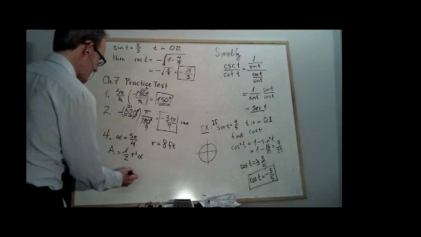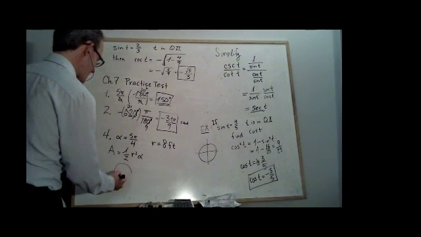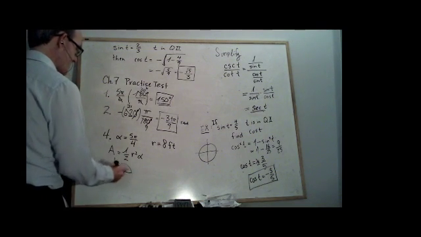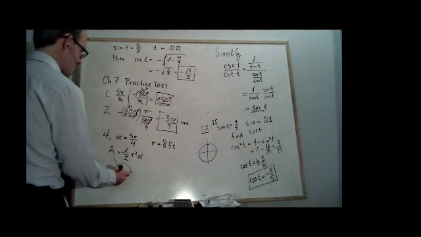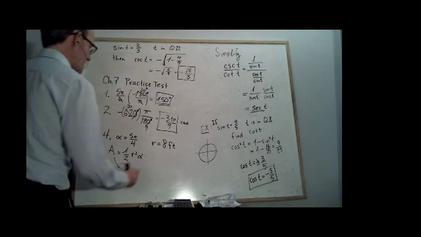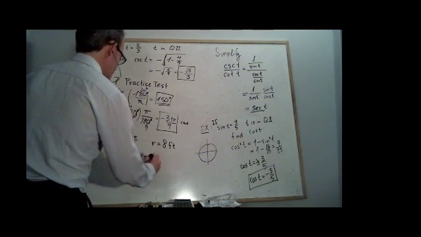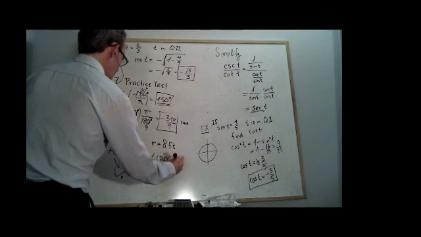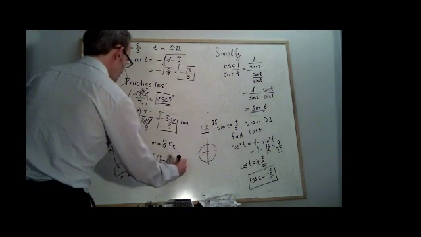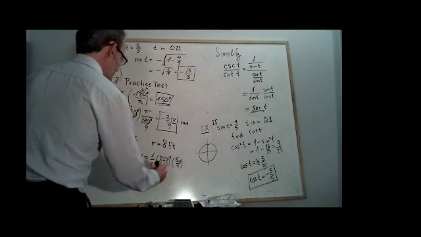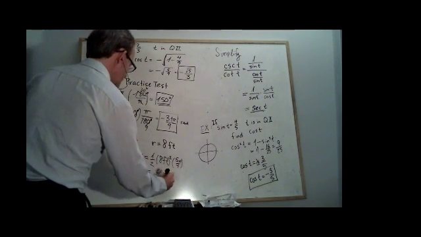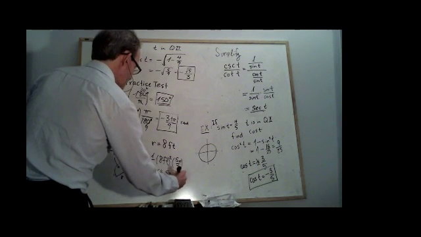The sector will look like this. So that's the area of this sector. And this is 8 feet. So I just plug in the numbers and I get 1 over 2, 8 feet squared, and 5 pi over 4. So that's 64 times 5 pi over 8. So I get 8 times 5 is 40 pi.